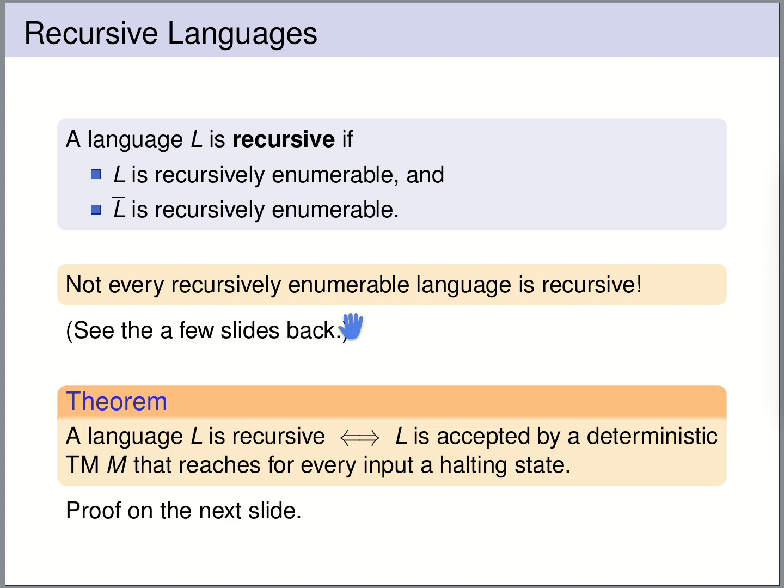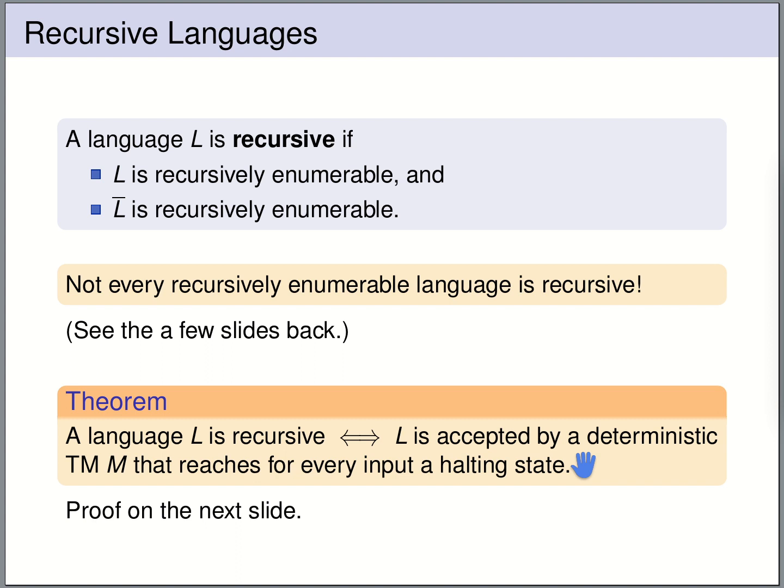A language L is recursive if and only if this language is accepted by a Turing machine that reaches a halting state for every input word. So that means we start the Turing machine on an input word, and this Turing machine will reach eventually a halting state for every possible input.